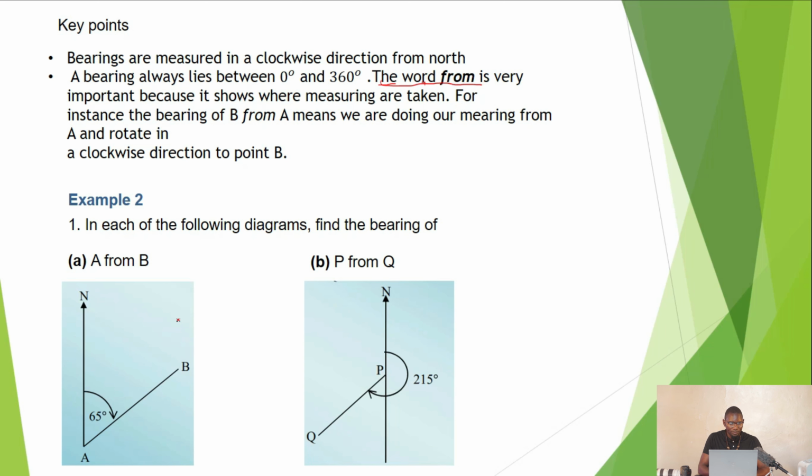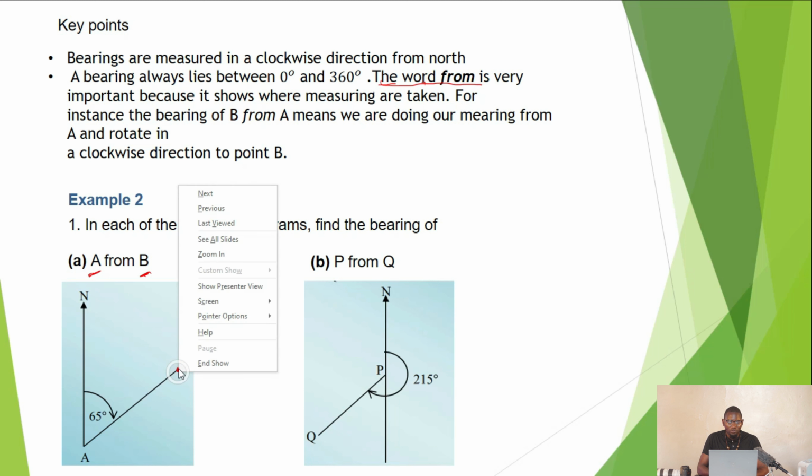I'll use example 1. In each of the following diagrams, find the bearing of A from B. So now, if they ask you to find the bearing of A from B, meaning the measurement has to be taken at point B here.